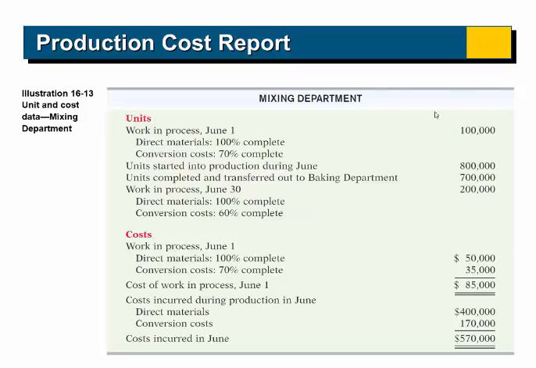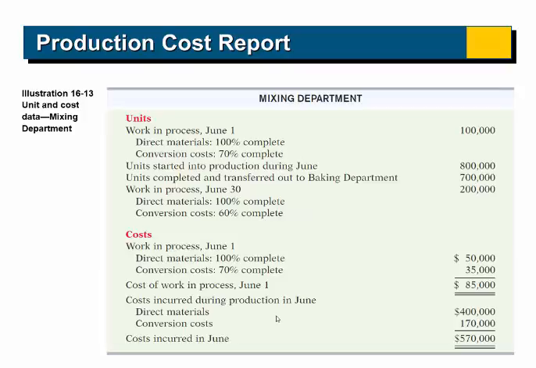And those 200,000 units are 100% complete as to materials, as we had discussed. They are part of the 900,000 that are still here. So they got 100% of their materials. But they are only 60% of the way converted. During the month of June, they've converted 60% of the way. They're going to get finished the remaining 40% in July.